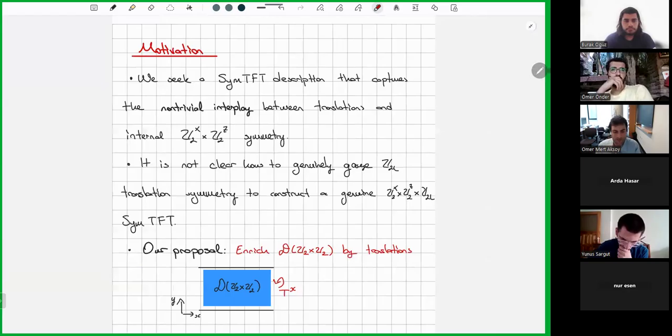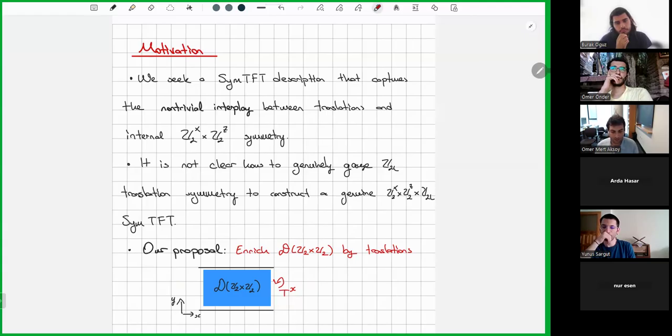Okay. And why did I introduce all that is because, as my title dictates, I want to have a SymTFT construction, but I want to supplement it with some space-time symmetry. The reason is that SymTFT works best for internal symmetries because we want a gauge theory, some G gauge theory in the bulk.